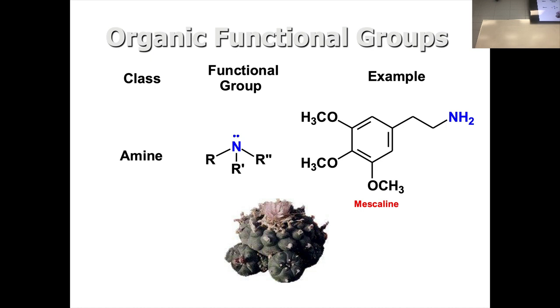So, if you have something like CH3NH2, that is a primary amine, and we write that as 1 with a little degree symbol. If I have a nitrogen that is attached to 2 carbon atoms and a hydrogen, what do you think we call that one?